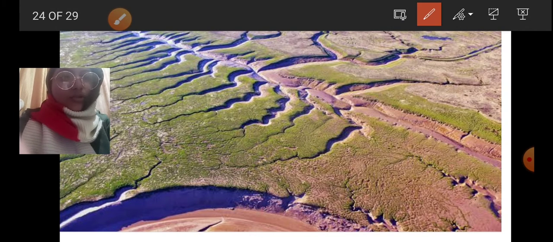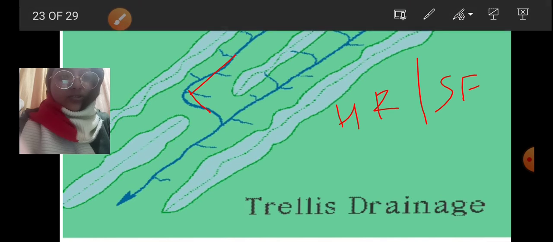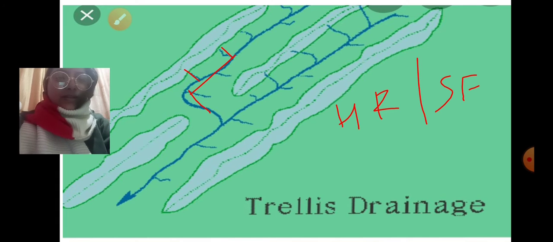You see, most of the rivers have eroded the area where there is underlying soft rock, and tributaries join the main river at right angles. You see, the tributaries have joined the river at right angles. So this is the third type of drainage pattern.